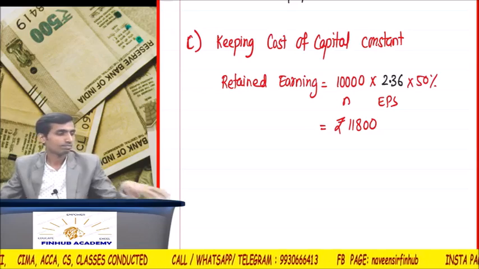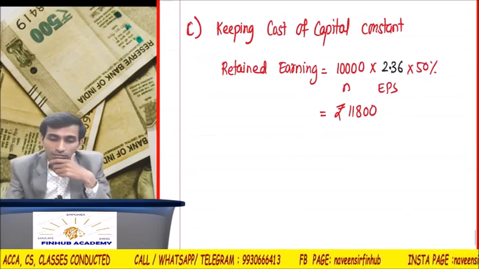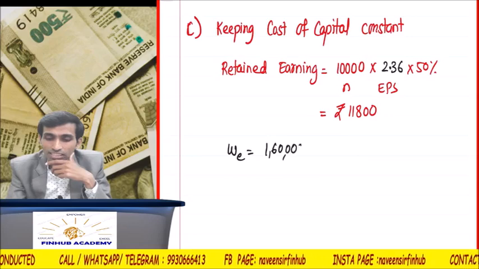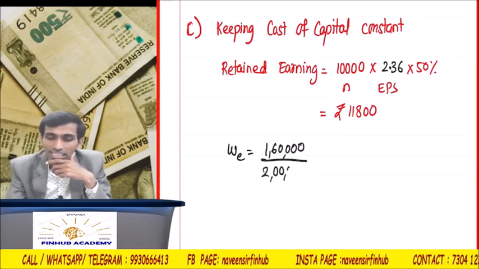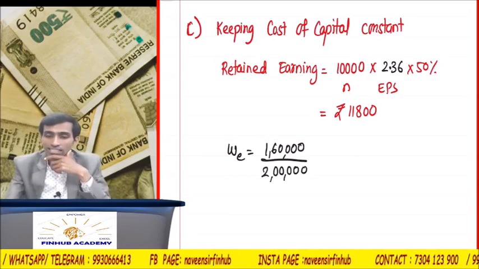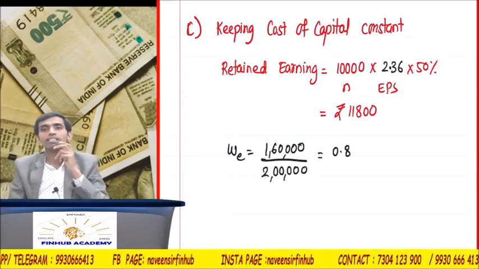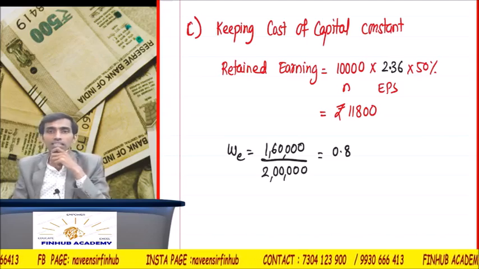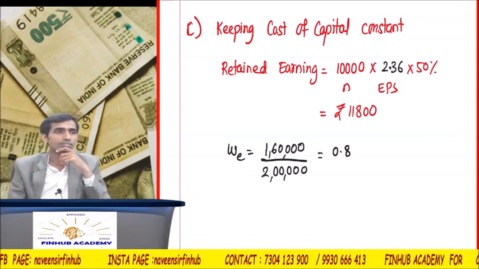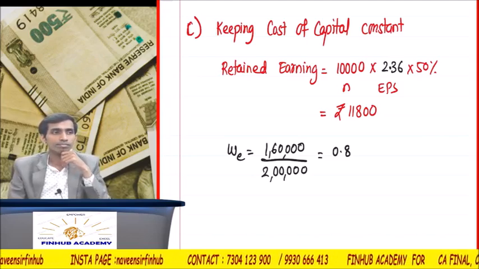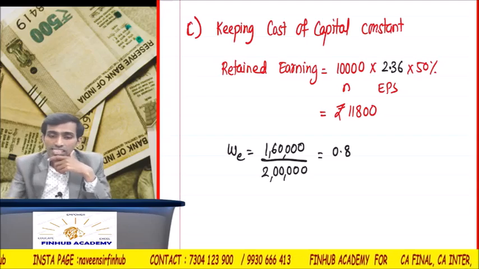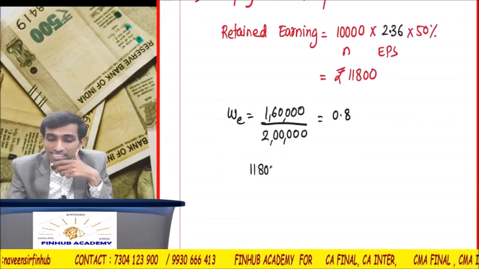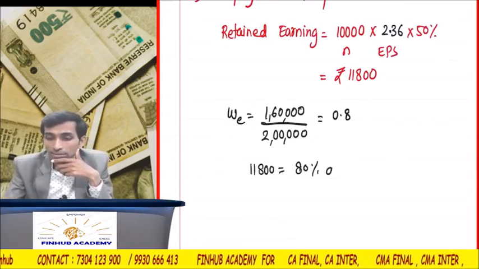Done. Listen. Weight of equity previously was how much? 1,60,000 divided by 2 lakhs will be 0.8, that means 80%. So this 11,800 is nothing but 80% of total capital.